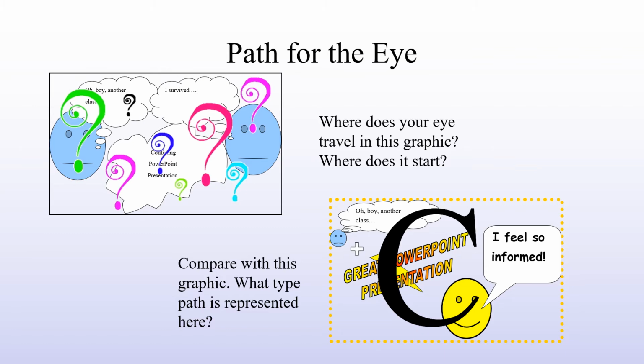If you want to see other good examples of this, look at the comics page in any newspaper. You can immediately see, although there's a lot of information, in each frame you can see where to start. The comic writers are very skilled at designing that path so you know where to start and where to go.